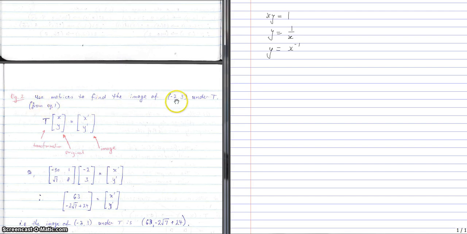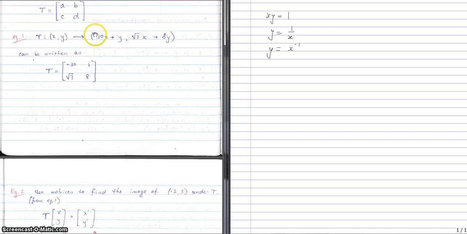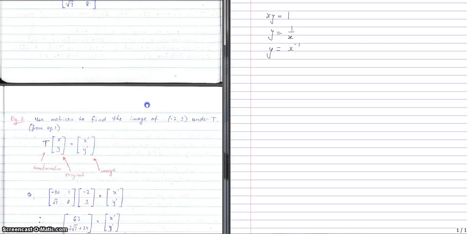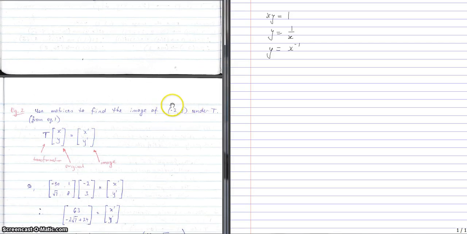We're going to use our understanding of matrices to work through this particular example. Use matrices to find the image of negative 2, 3 under transformation T, which is from example 1. So we're going to use this particular transformation. We've got this matrix, and we're going to use that here to find the image of negative 2, 3. And this is how we started. Our transformation T multiplies by our x, y coordinate, our original coordinate, written in matrix form as a 2 by 1 matrix.